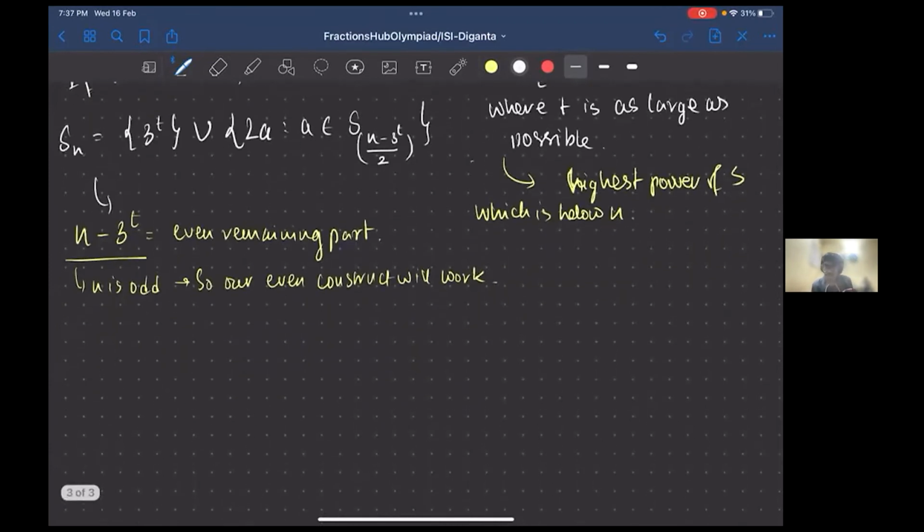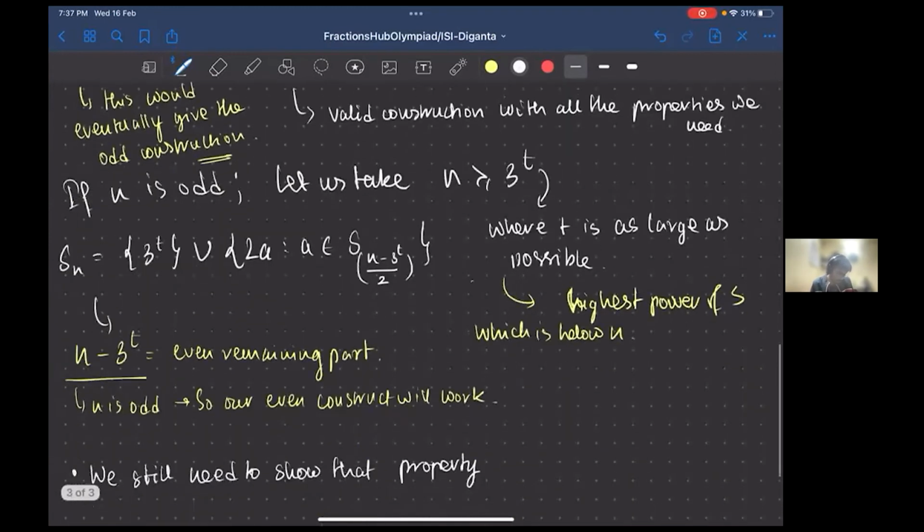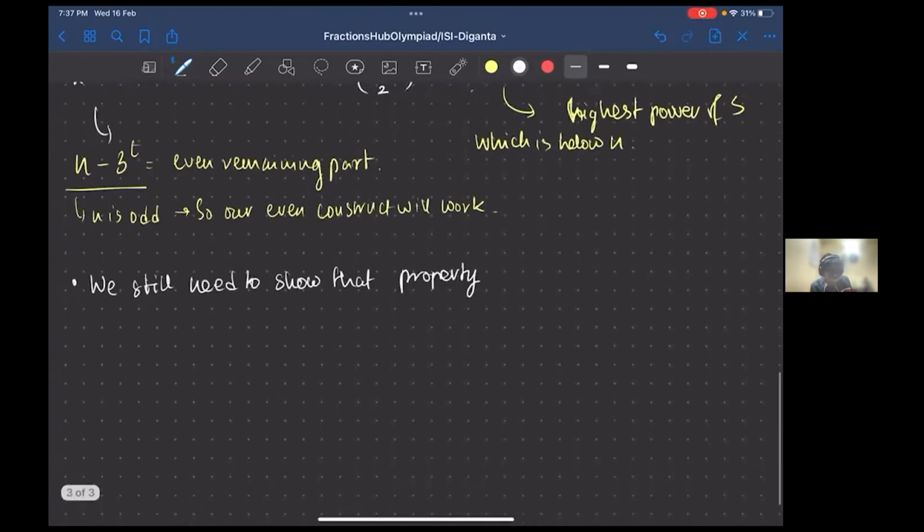We are not totally done here, because we still need to show that property 2 holds. We have ensured 1 and 3 hold.